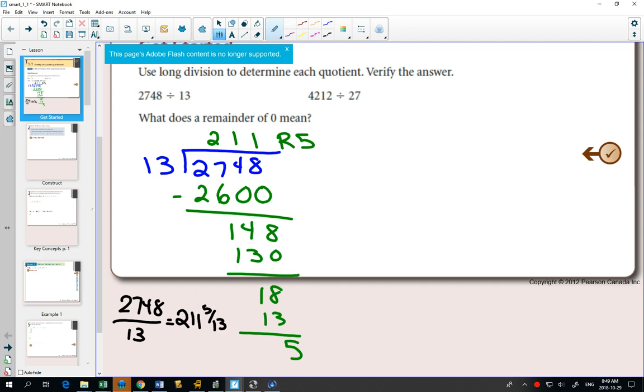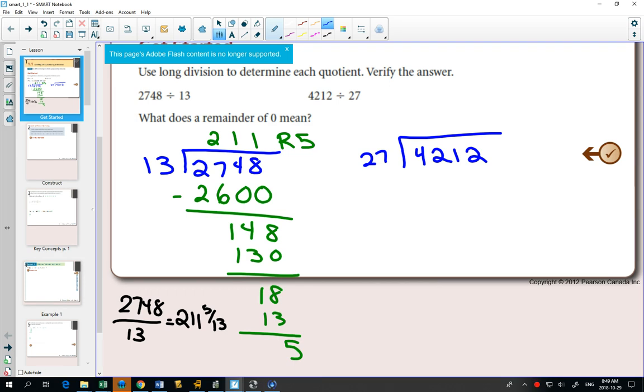Okay? So for 4212 divided by 27. You're not going to multiply it by any thousands, because then you'll go over.